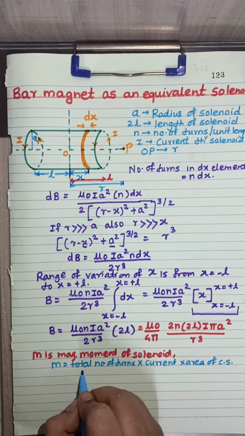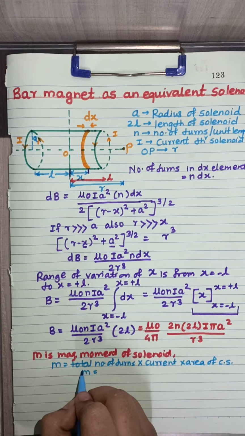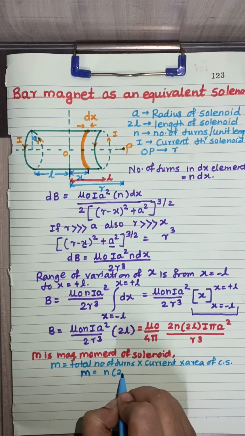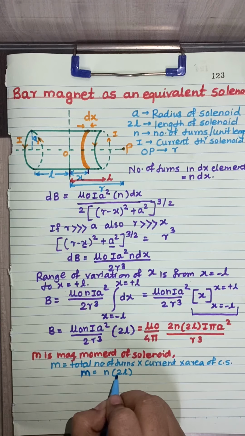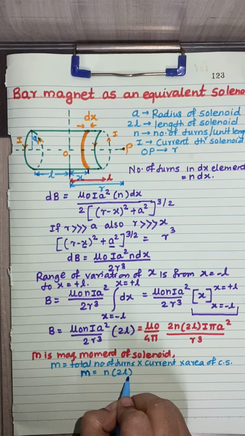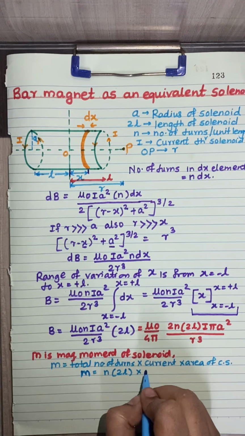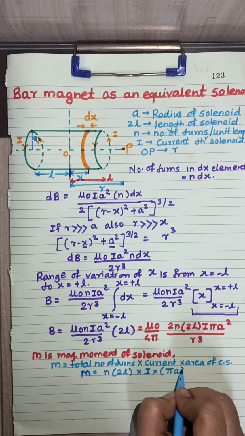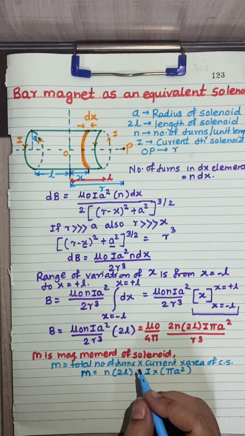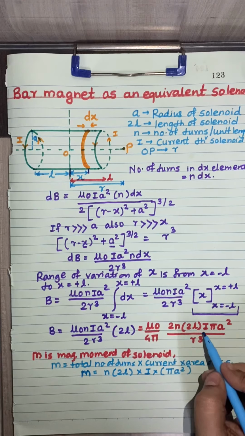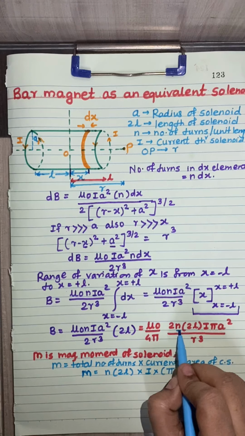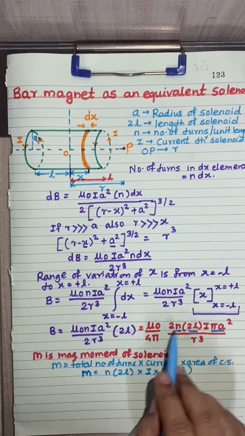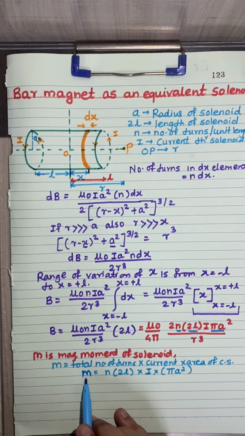Okay, so I can write down m as, suppose m as n into 2L. So there are n number of turns throughout the 2L length of the particular solenoid, multiplied by I multiplied by area, which is nothing but pi a square. Okay, so if we put this value and include this value, then n, 2L and pi a square, this together factor is replaced by the factor m.